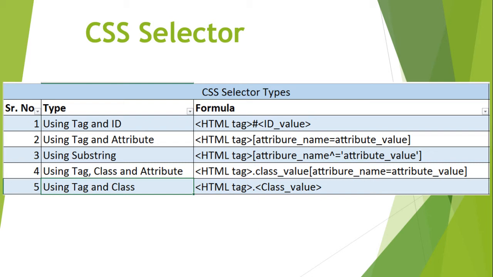The CSS selector format is quite different from the XPath formula, so we have to carefully identify the difference between XPath and CSS in terms of formula. You are now comfortable enough to create your own CSS selector or XPath using the formulas, so I mentioned all the formulas in one go to save our time. So read all the formulas carefully.